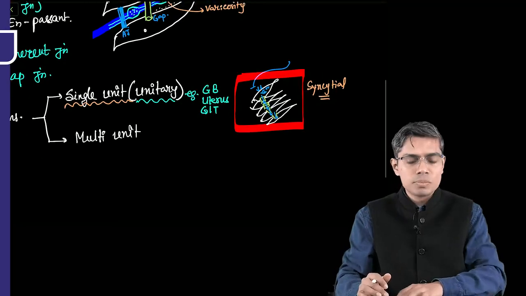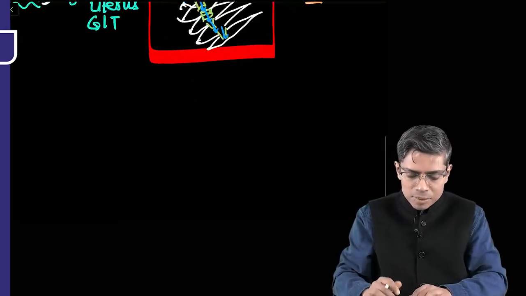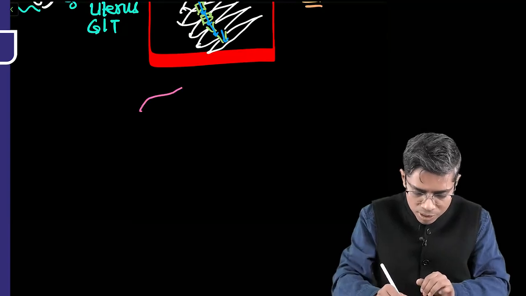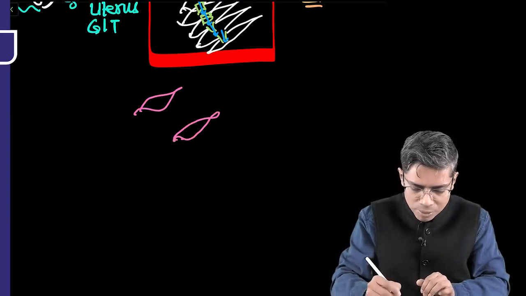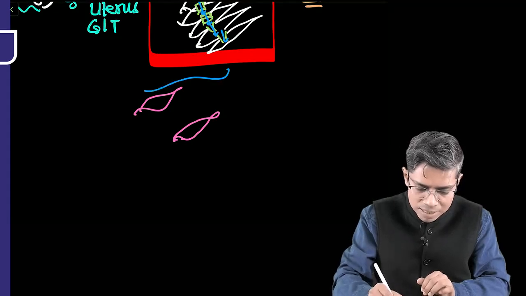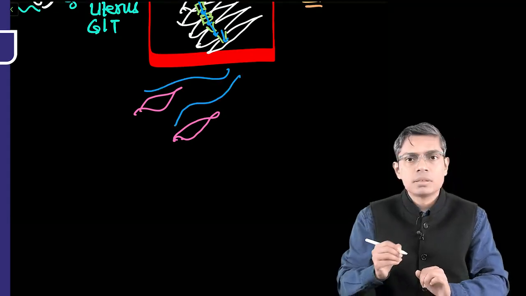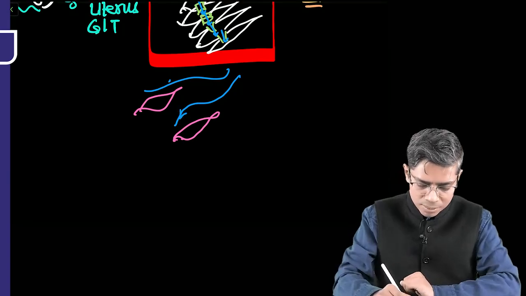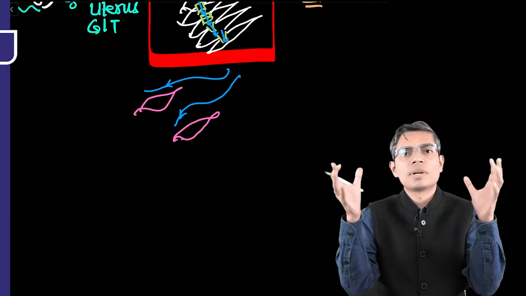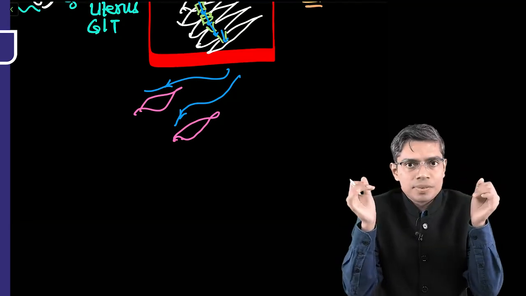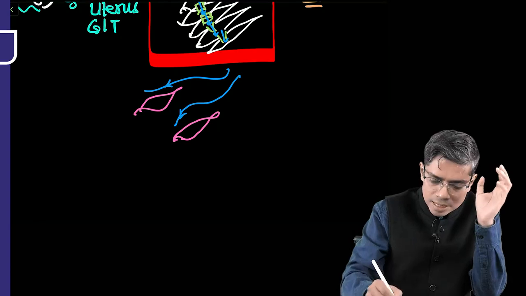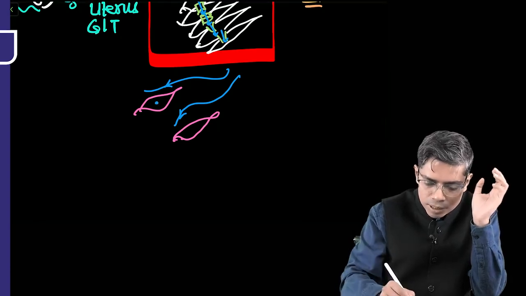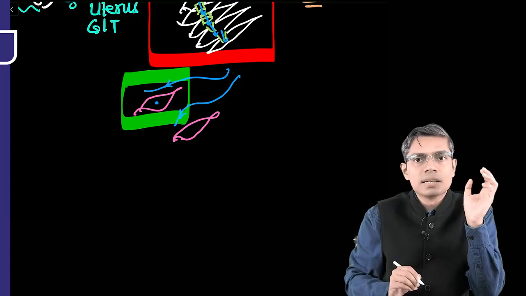But multi-unit smooth muscle means the number of gap junctions is very, very less. Suppose this is one smooth muscle, this is another smooth muscle, and both of them are supplied by a different branch of the nervous system. Suppose this is one neuron, this is another neuron. Both of them are supplied by different nerve fibers. So what will happen? This green colored smooth muscle will contract as a single unit.